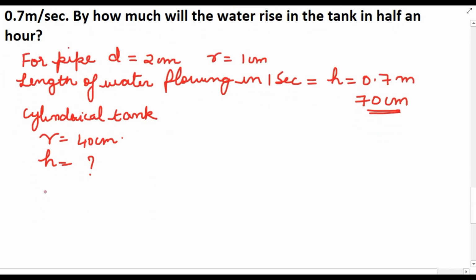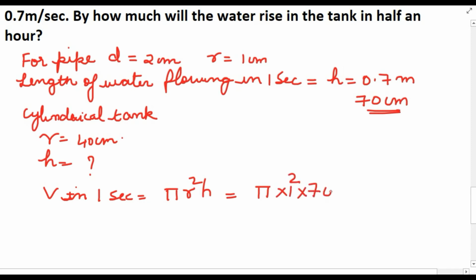That is pi into r square, the pipe radius is 1 square, height is 70. For the volume of water flowing through the pipe in 60 seconds, we need to multiply by 60. So this is actually 70 pi into 60.